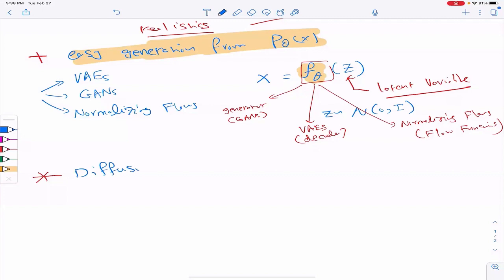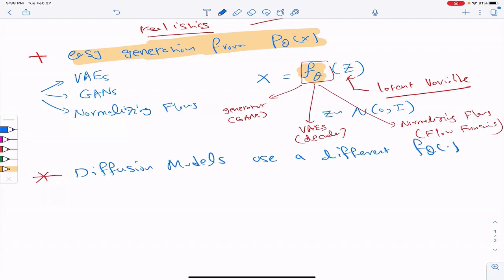Diffusion models use a different function f theta in their generation.